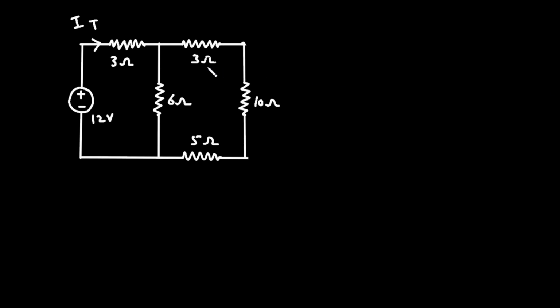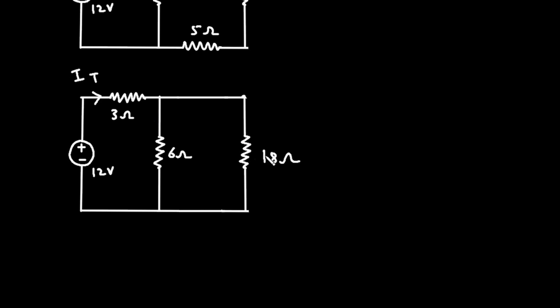Now here we can clearly see this 3 ohm, 10 ohm and this 5 ohm are connected in series. So it will be 3 plus 10 plus 5. 3 plus 10, 13, 13 plus 5, 18. So it is 18 ohm. Let's replace this by a single resistance of 18 ohm.